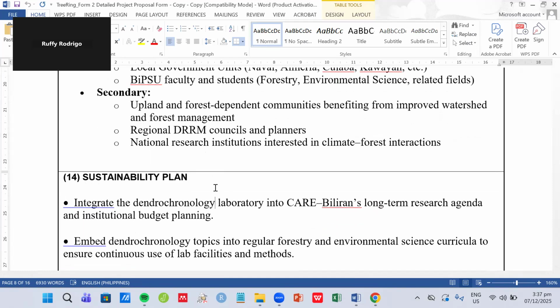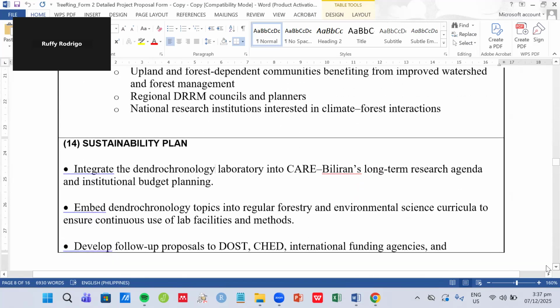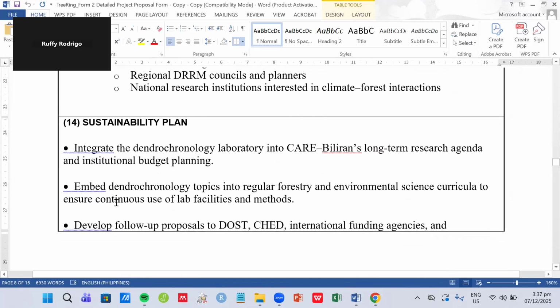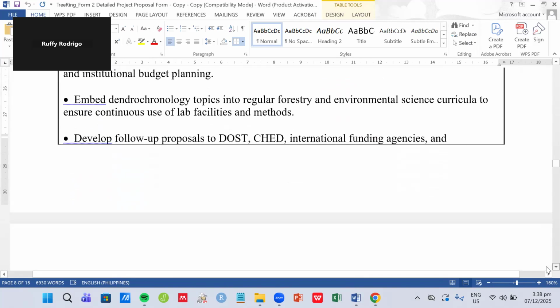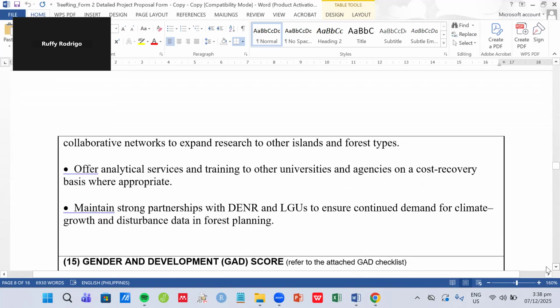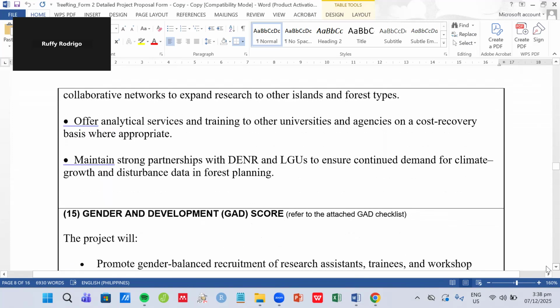We can integrate it, and the students can really look at the tree rings in each tree. So that would also be implemented. So embed chronology topics in regular forestry courses, and develop follow-up proposals for each stage depending on your initial results.